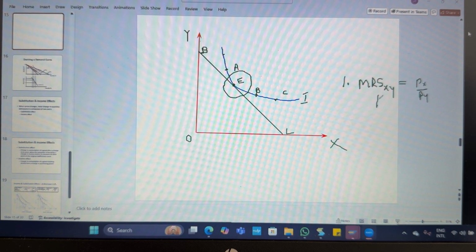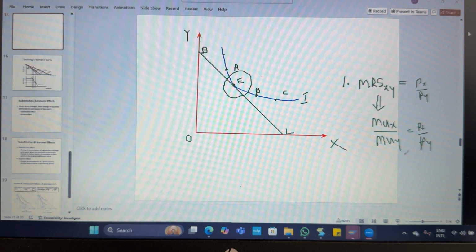So, this one we can write in another fashion as well. What is that? Marginal utility of x divided by marginal utility of y is equal to Px over Py.